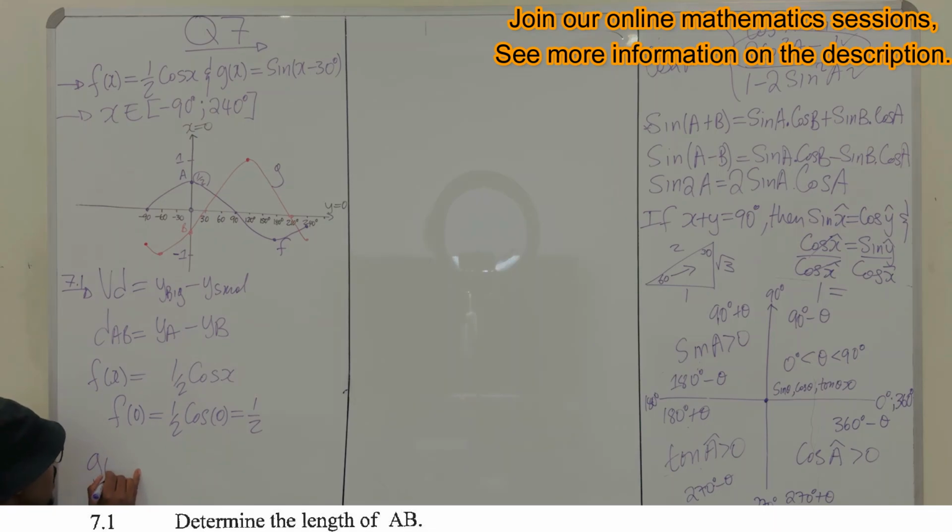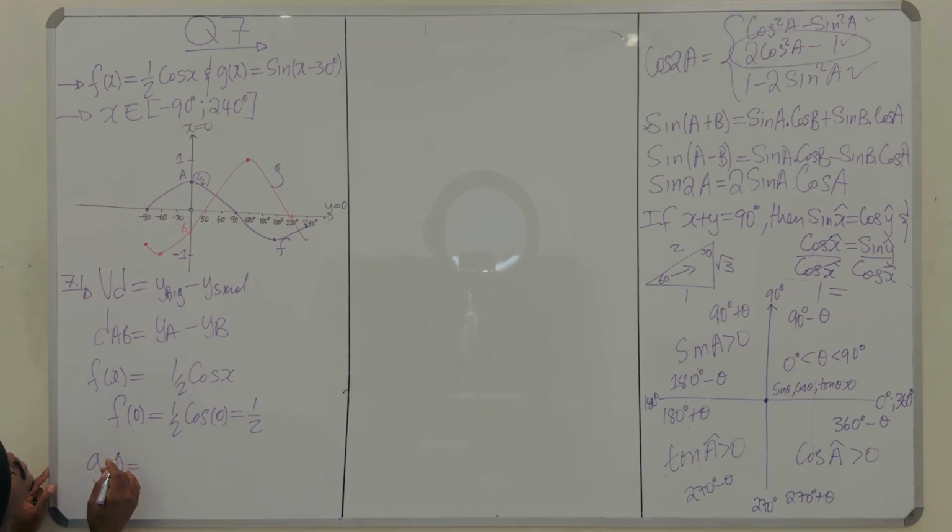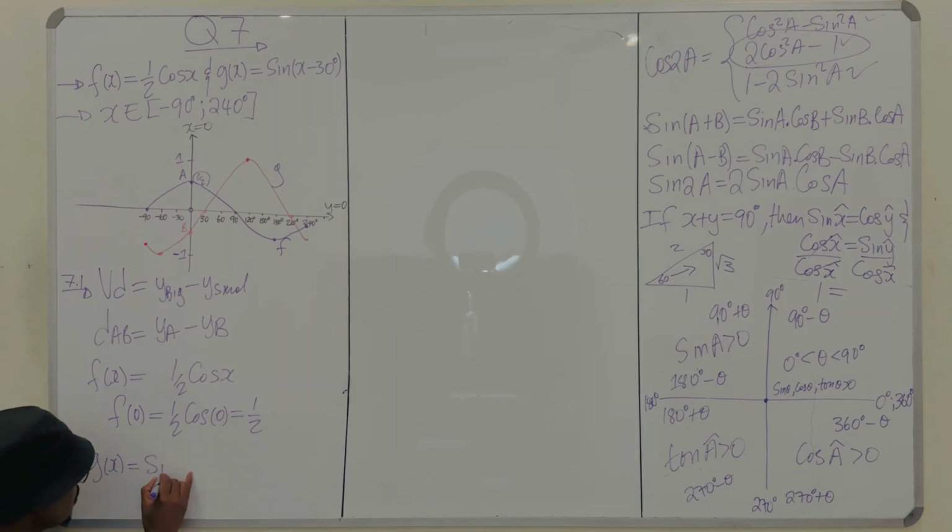Now do the same thing for B. You get that g of x is equal to sine of x minus 30 degrees. So g at 0 is equal to sine of 0 minus 30 degrees.